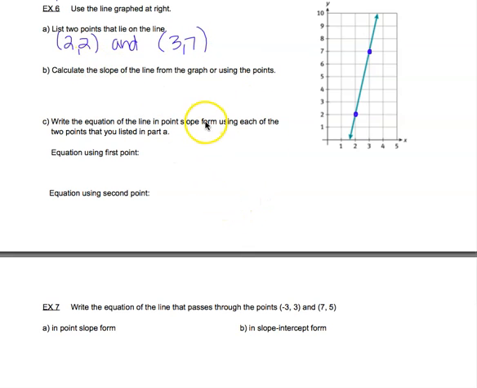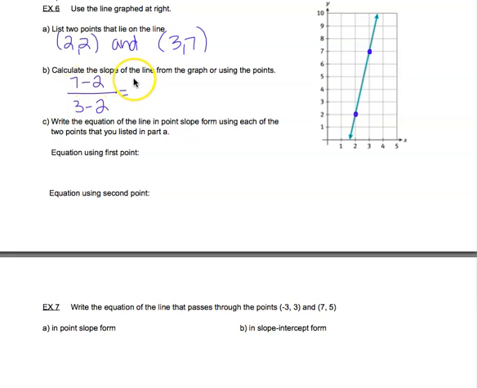Once I have those 2 points, I can then calculate the slope from the slope formula, or I can use the rise and run on the graph to calculate. So I'll do it really quickly both ways, doesn't really matter. So if I start with this point, y, x, so y minus the y here over x minus the x there.